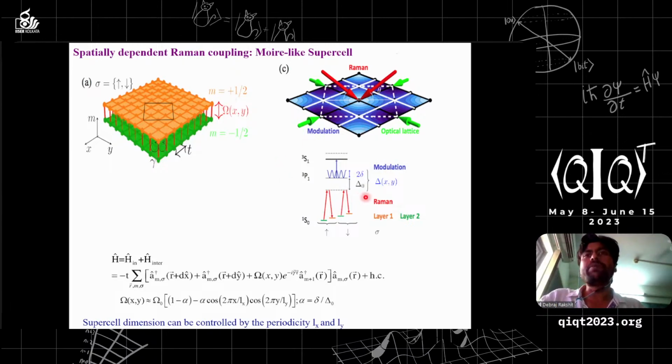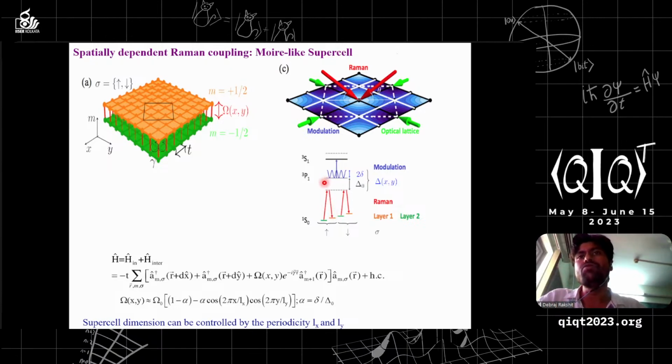This part is a bit tricky, so I will not explain a lot, but there is a modulation laser that can be introduced. This additional modulation laser creates a large light shift in this 3P1 state here.